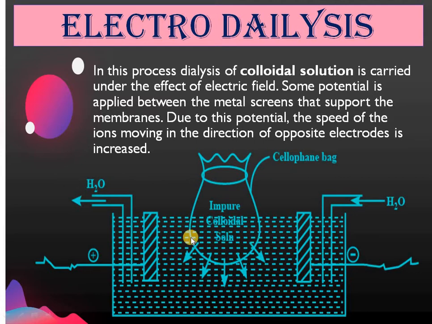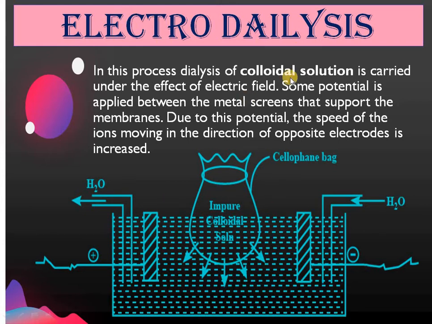So when we start the current, the electrolyte, having positive and negative charged particles, gets attracted by these electrodes. Negative ions get attracted toward the positive rod and positive ions get attracted toward the negative rod, and the excess electrolyte which is not a part of the colloidal solution but is present as an extra part here will get removed easily by the passing of current.